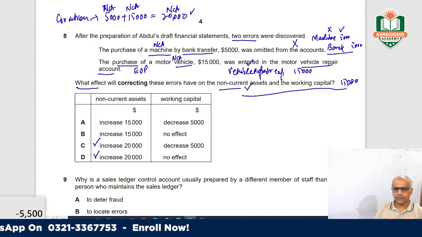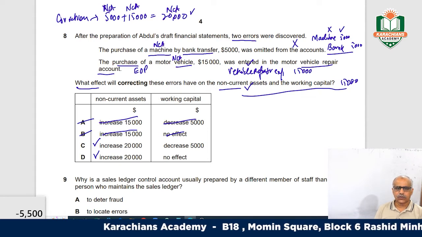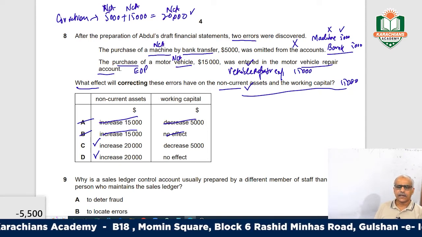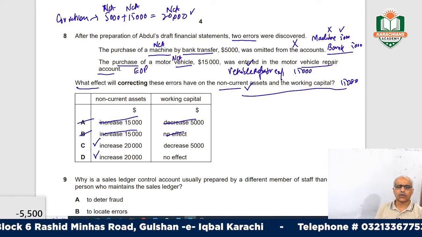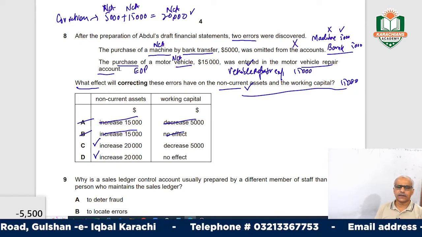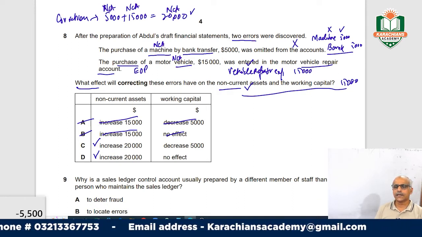But 15,000 is incorrect, and that is why this whole option is incorrect. So we have two options, C and D, and we have to select which one is correct, because net asset 20,000 is correctly mentioned in both options C and D.